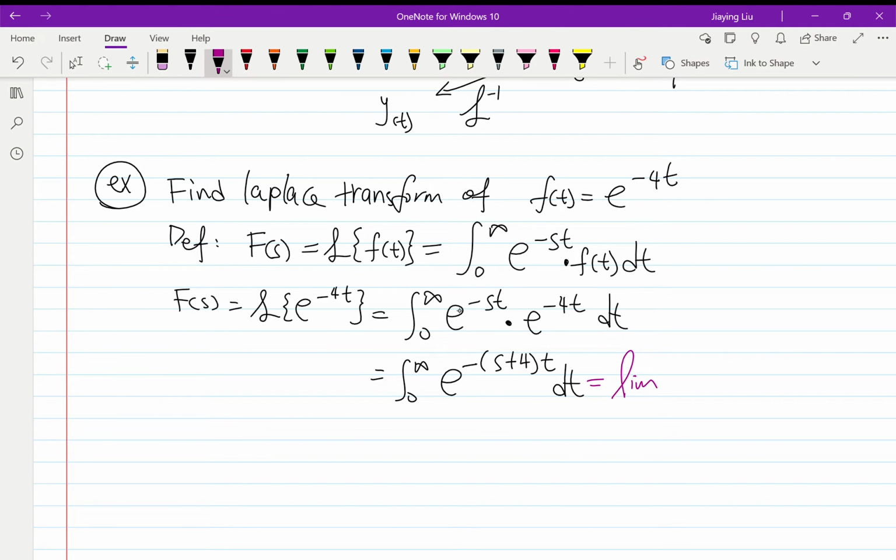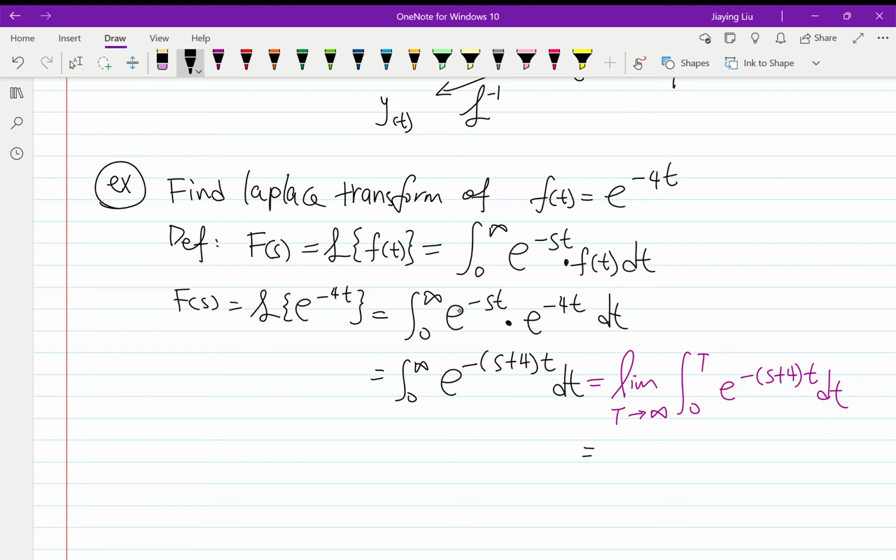That's a limit as we introduce a dummy variable capital T going to infinity, from 0 to capital T of e to the negative (s plus 4) lowercase t dt. With this capital T, some value approaching infinity but not infinity, we can find the antiderivative, plug in 0, plug in T, then take the limit.